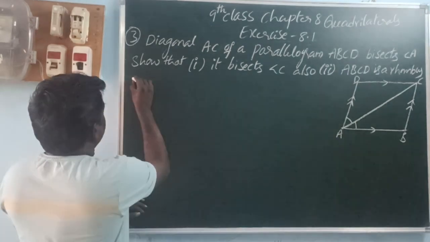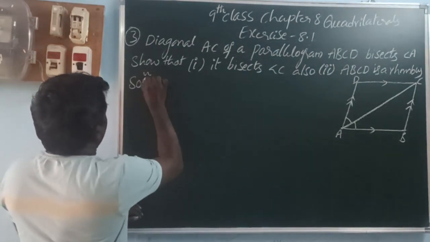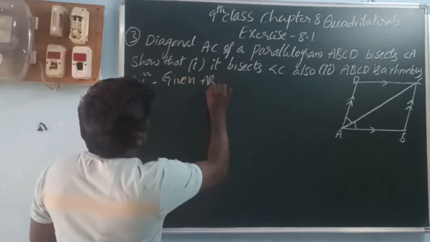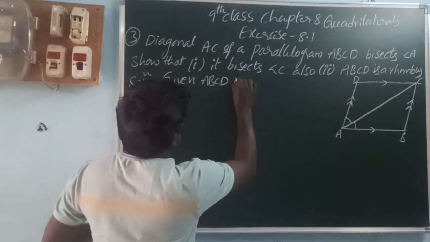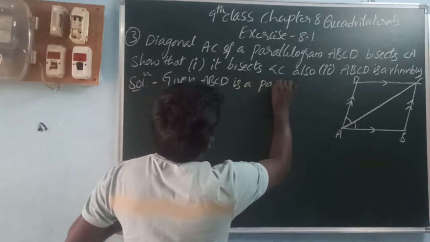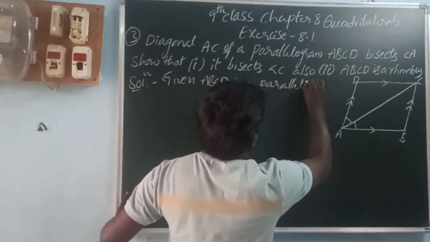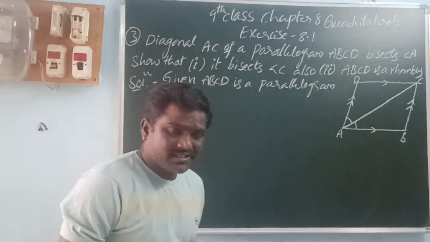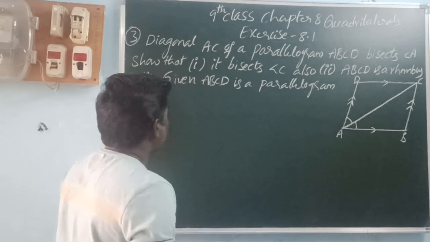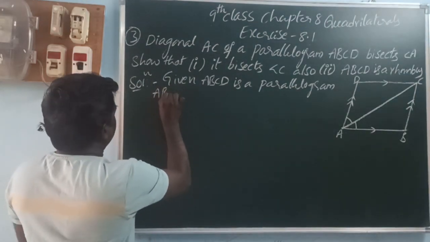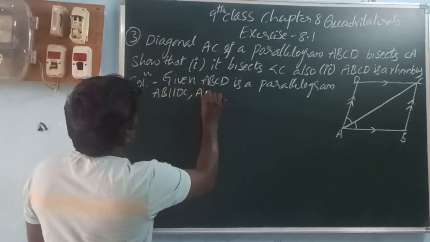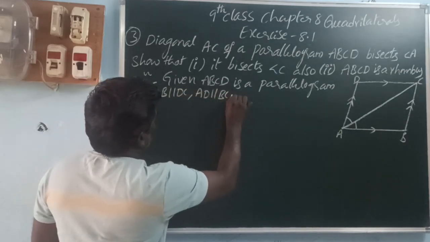So here, given: ABCD is a parallelogram. Parallelogram means what? Opposite sides are parallel and equal. So AB is parallel to DC, AD is parallel to BC.